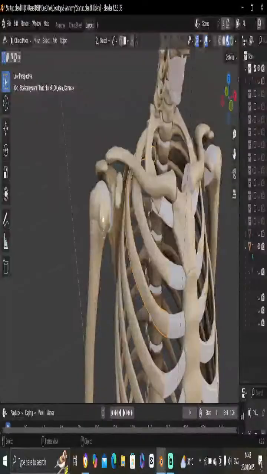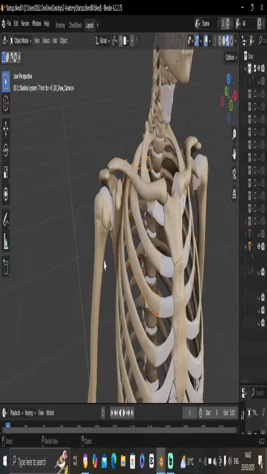The subscapularis here moves like this, the supraspinatus like that, then the infraspinatus and the teres minor. Those four muscles are known as the rotator cuff muscles, and they are part of the muscles that stabilize the head of the humerus in the glenoid cavity.